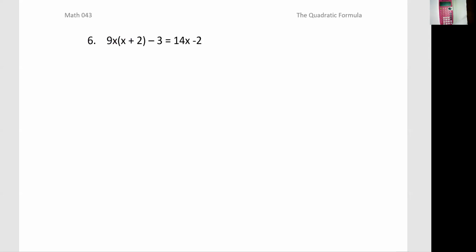Number 6, again, we have to do some distributing, combining like terms. It's just not ready for us to factor or use the quadratic formula. So I'm going to subtract 14x from both sides, add 2 to both sides.